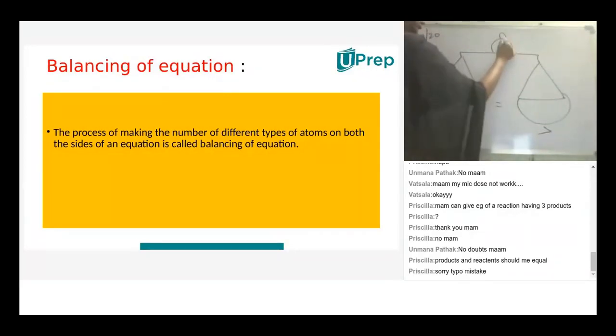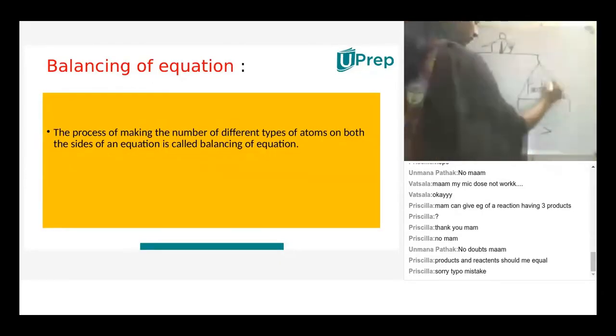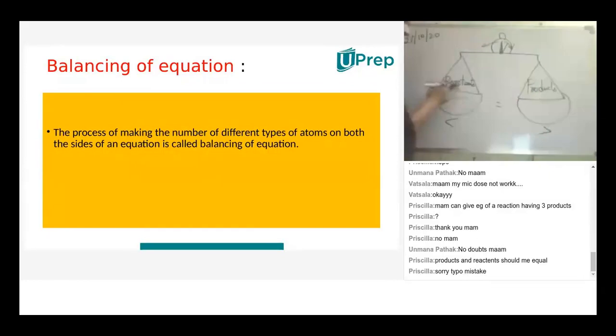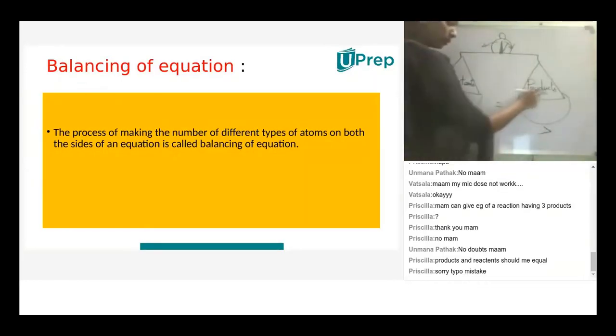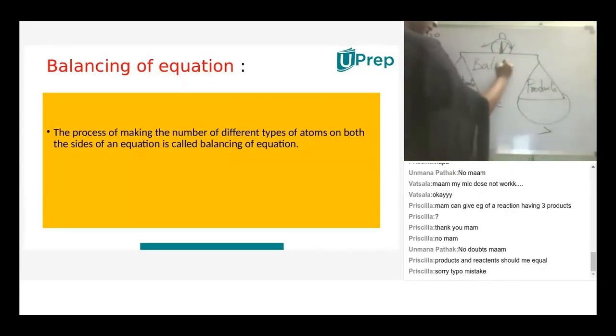If the pointer is towards that side, that is greater. Understood? This is a simple physical balance. When we take the reactants on one side and the products on the other, all the reactants should always equal the products. Then only is the equation said to be balanced.